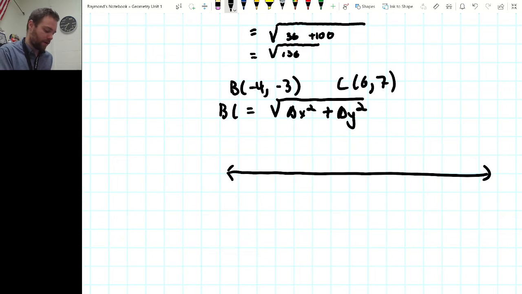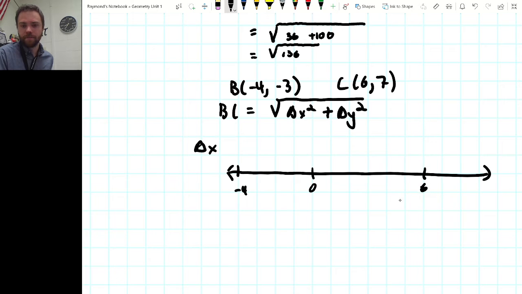So I'm going to do that number line. The first one I've got here is -4 and 6. So this is delta x. I'm taking the x components of both of these coordinates. So -4, and then 6 is here. So the distance from -4 to 6 is 10, okay? So delta x is equal to 10.